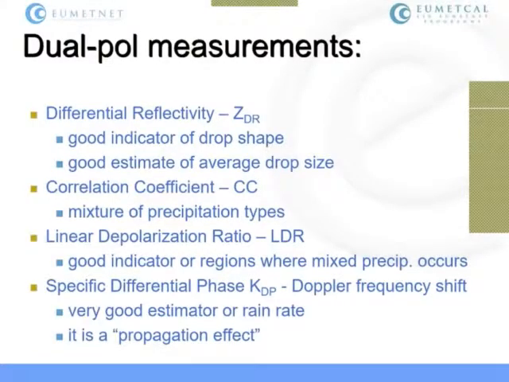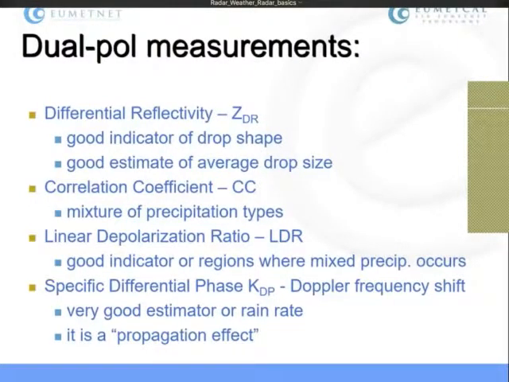With the dual-pol measurements, those three base moments are supplemented by other ones, for example the differential reflectivity, which is a good indicator of drop shape, and we can also estimate the average drop size using this parameter.